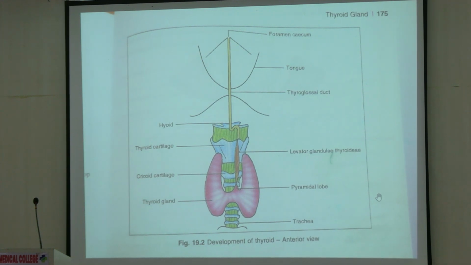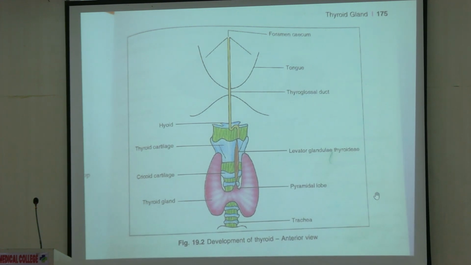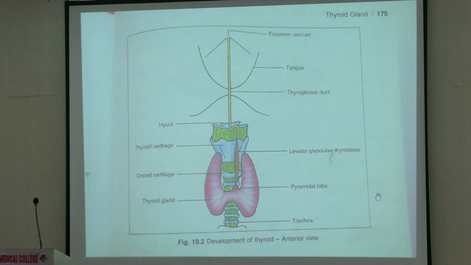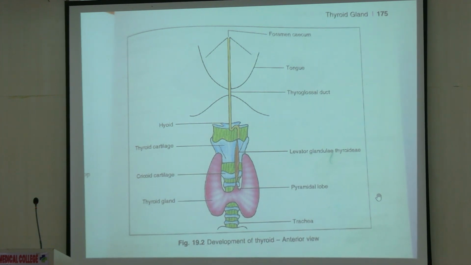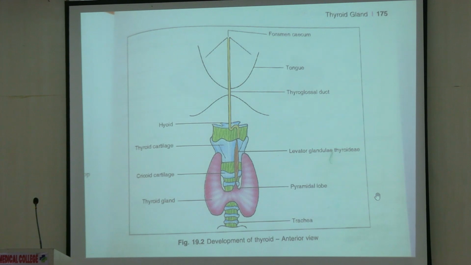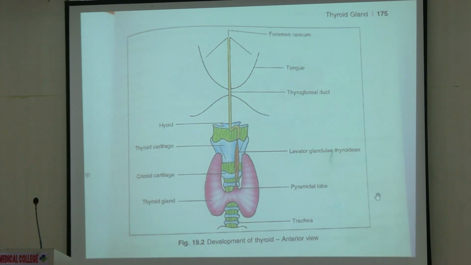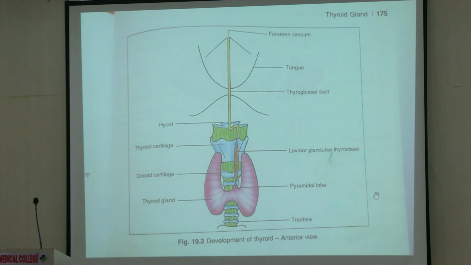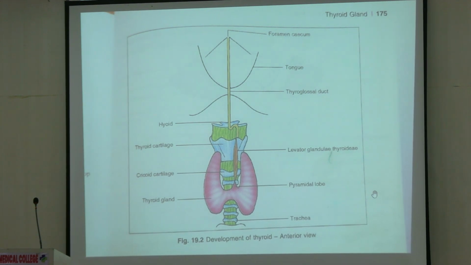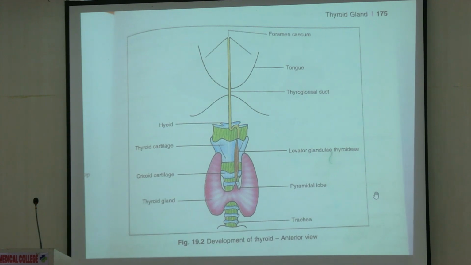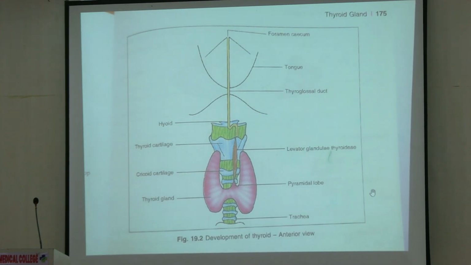That recurrent laryngeal nerve may pass in front of the loop of the inferior thyroid artery, or it may pass behind the loop of the inferior thyroid artery, or it may pass through the branches of the inferior thyroid artery. There are three conditions. Because of this, it is a very important relation, so you should keep it in your mind. If the ligament of Berry comes as a short note, you have to mention all these things.